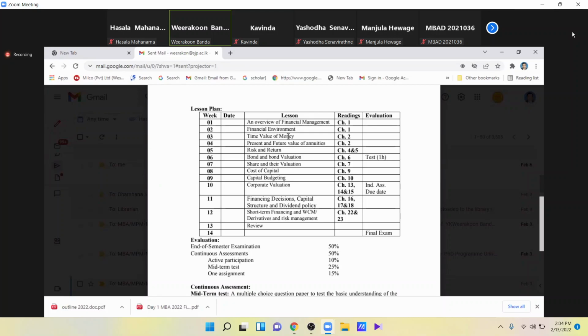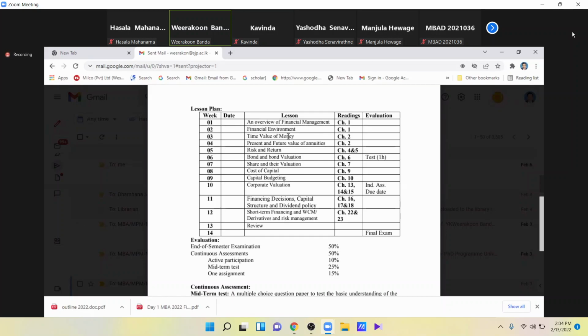Exactly later we will decide whether we can do some active participation, 10%. We can decide later, but however, this is the tentative evaluation method: final exam, active participation, midterm exam, one assignment.